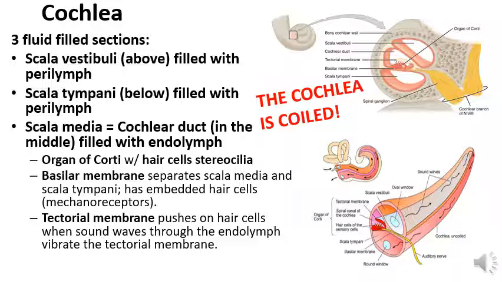The basilar membrane is that part of the cochlea that separates the scala tympani from the scala media. So in other words, the scala media, which is in the middle, is subtended by the basilar membrane, which is found immediately above the scala tympani.